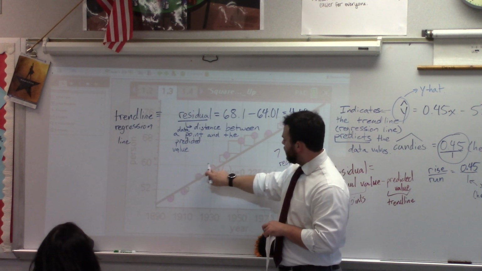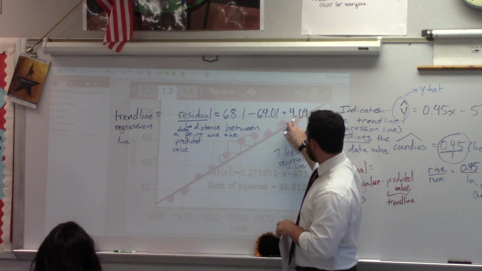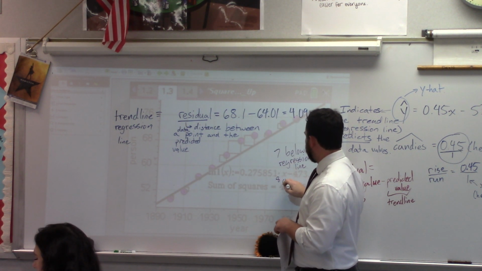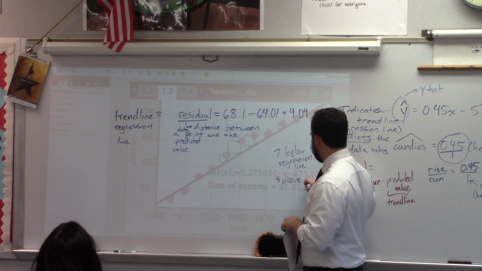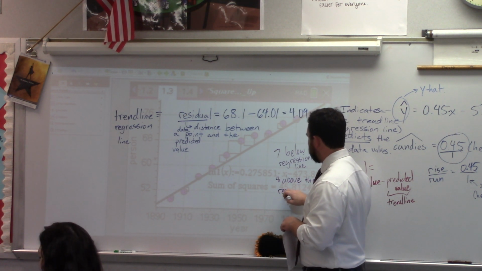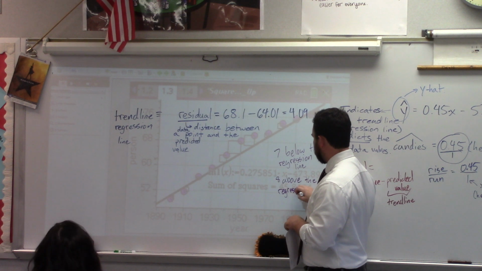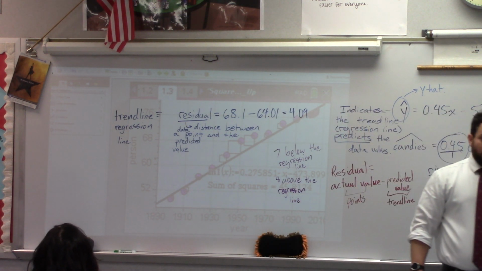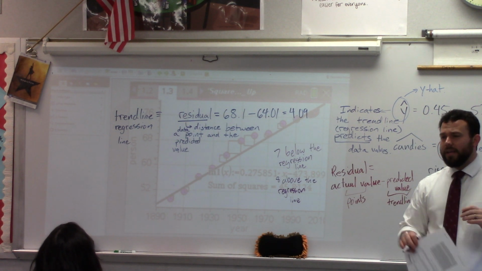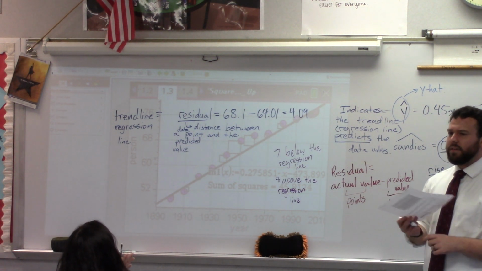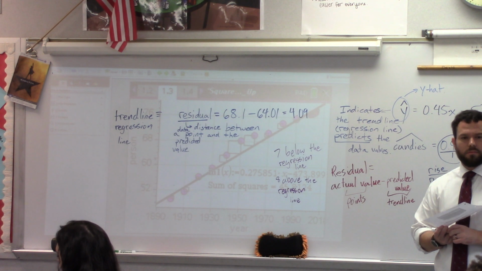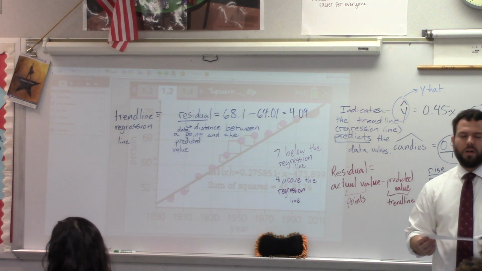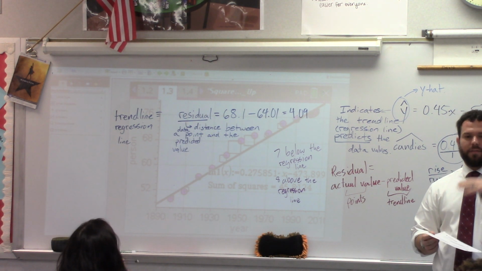I have 1, 2, 3, 4, 5, 6, 7, 8 above the regression line. Yep, there's a total of 15 points. Did anyone get something other than roughly splitting it 7 and 8? I got one that's on both sides. It's evenly split, so 7, 7, and then 1 in the middle.